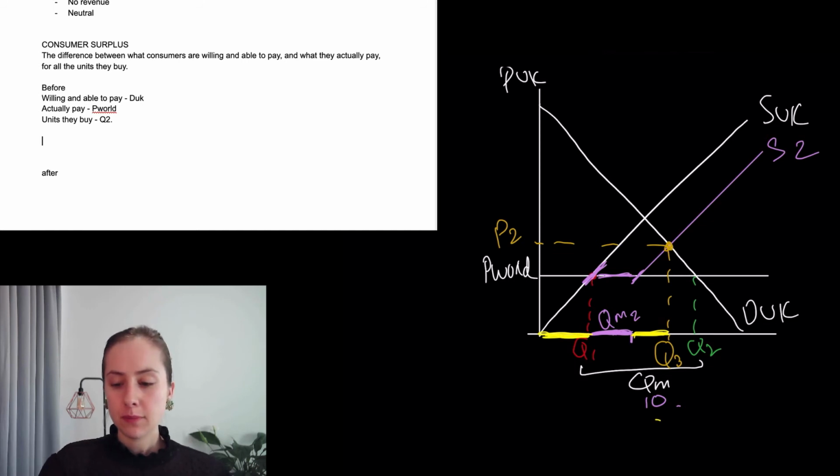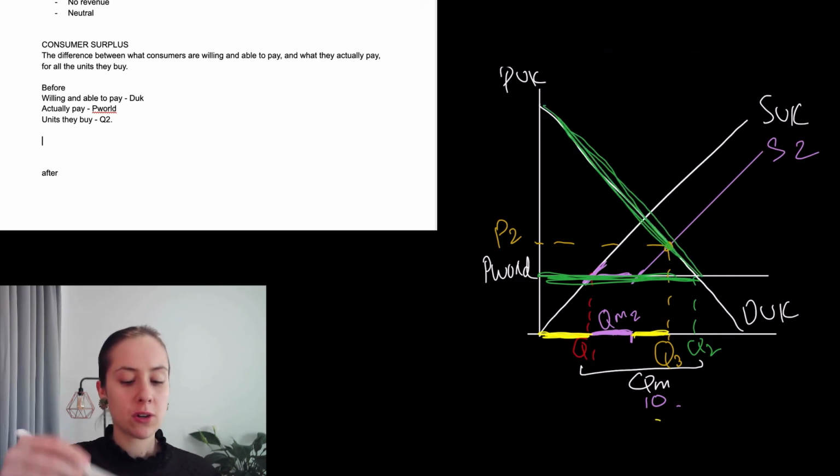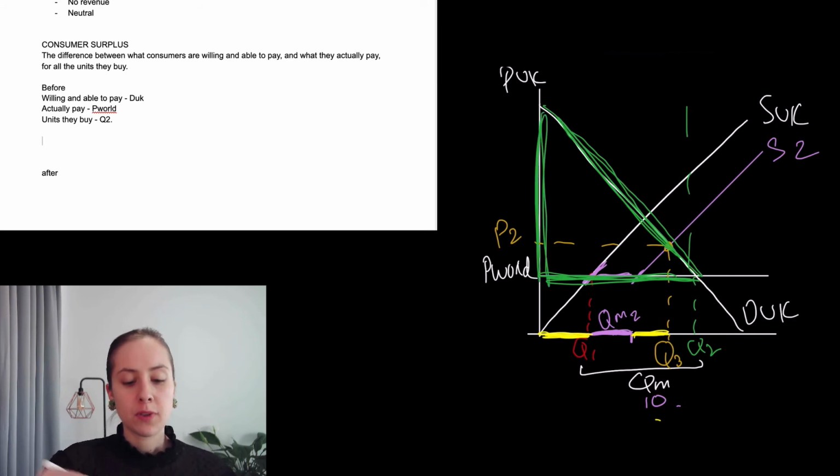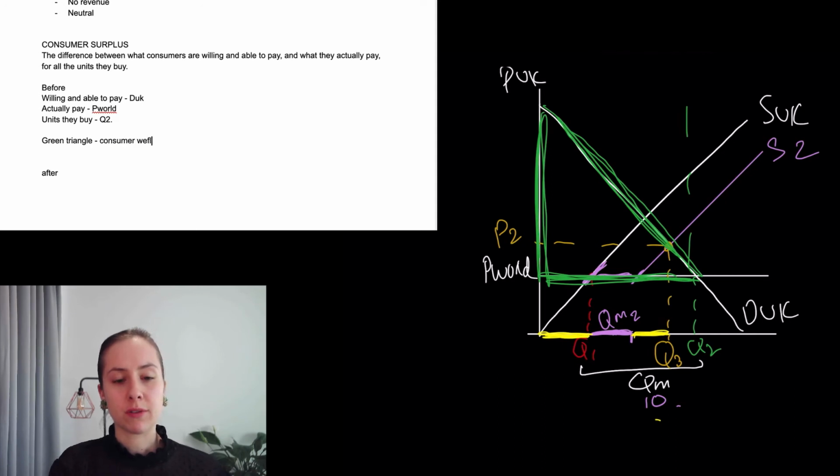Okay, let's put this in green. So we're looking at the difference between P World, which is here, and the demand curve, not going anywhere more than Q2. So Q2 is like the limit. All of this green triangle was the consumer welfare before.